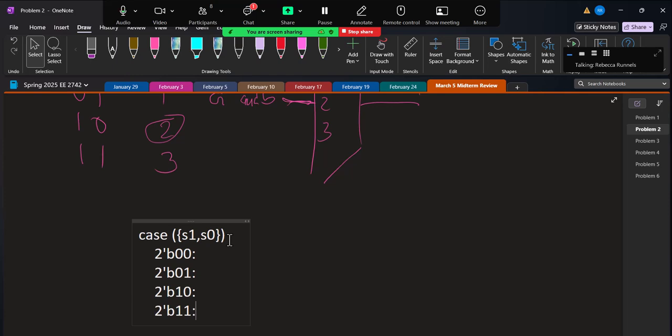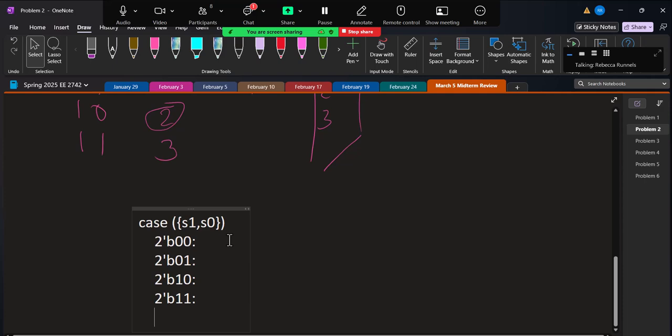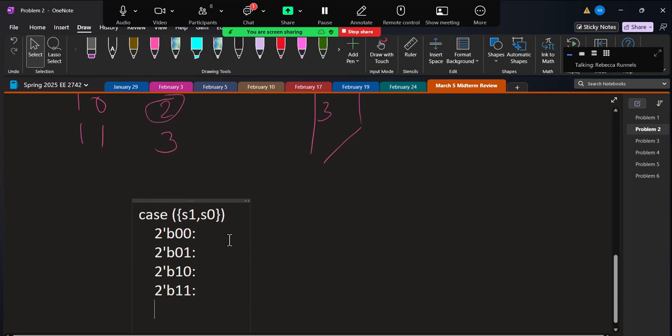Because I know that there's nothing left out, I don't have to put the default. I covered all the possibilities. If I had some don't cares in there, then I would have a default, but I don't. And that's all of them. And then end case.